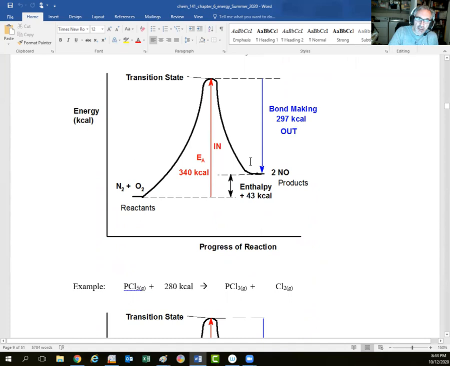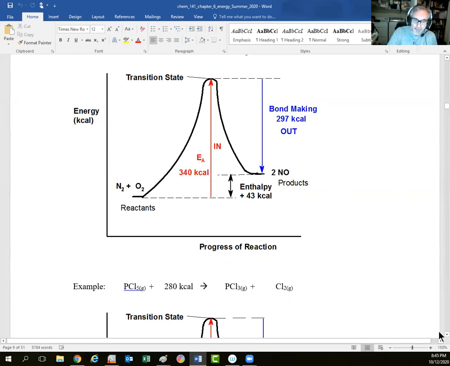Endothermic reactions always have a higher energy for the products and a lower energy for the initial reactants. And an enthalpy, which is positive, because from the chemicals point of view, they started here, but finished this much more higher in energy than when they started.